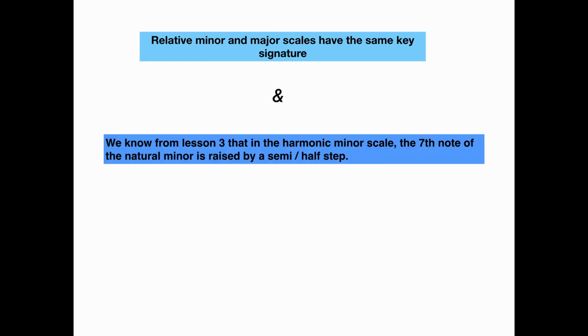We know from lesson 3 that in the harmonic minor scale, the 7th note of the natural minor is raised by a semitone or half step. So the natural minor has the same number of sharps or flats as the relative major. To make it into the harmonic minor, the 7th note is raised by a semitone.